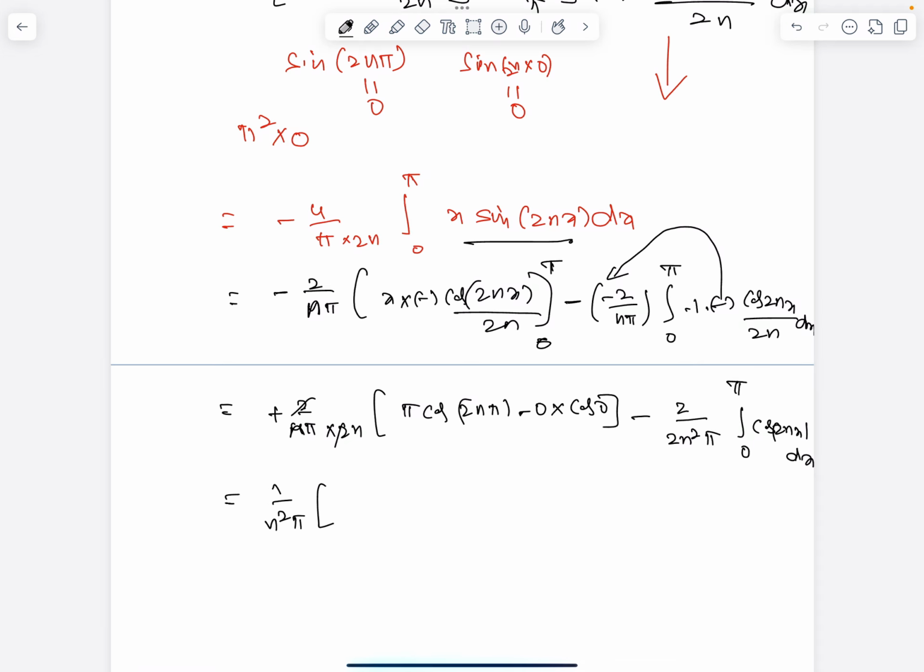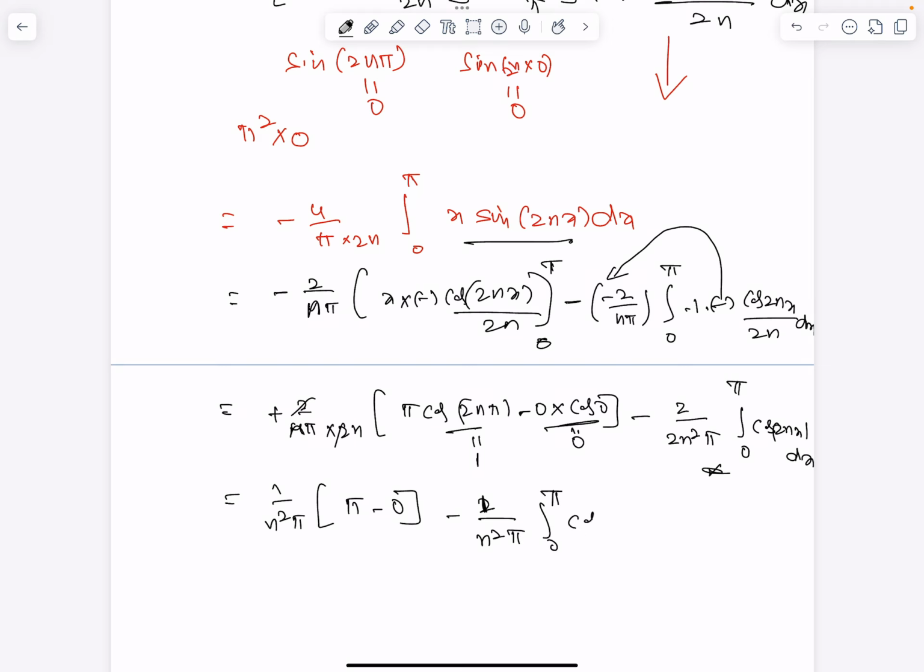In the numerator, pi cos 2n pi, cos 2n pi is always 1, therefore pi minus 0, the lower limit is 0, so this is equal to 1 and this is 0.